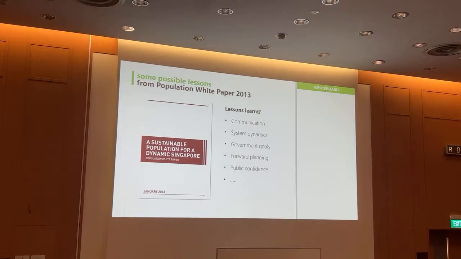This white paper tries to cover the assumptions and concerns of the government on population. It tries to mention some possible population scenarios for the future and some suggestions and proposals to deal with population for the future.